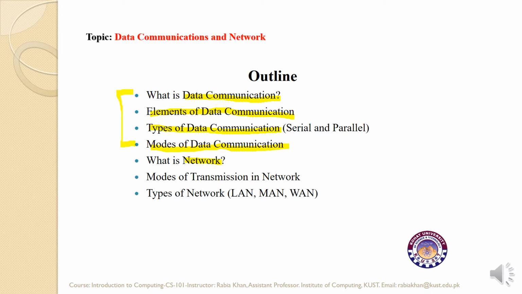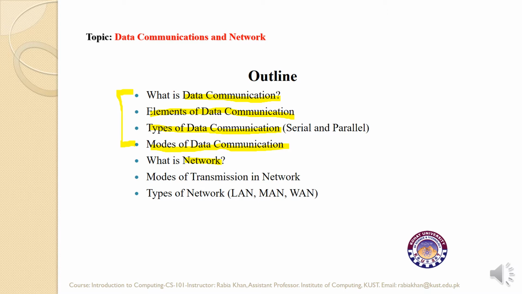So network is basically the interconnection of different computers or electronic devices through some communication media. Why do we require to develop a network? There are different reasons or different uses or different benefits that a computer network brings along, and we have discussed them in detail in the previous lecture.